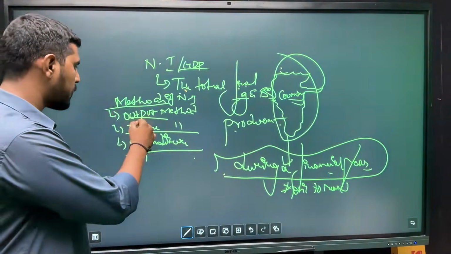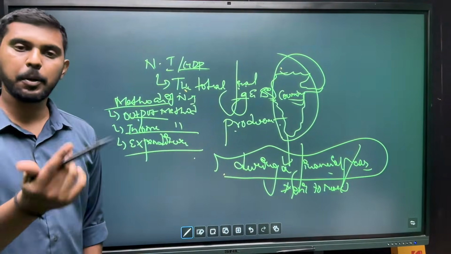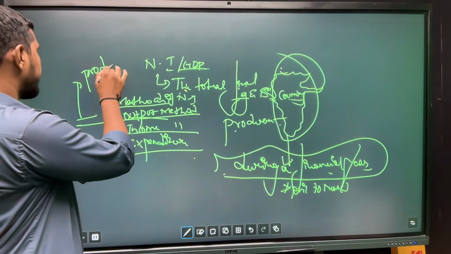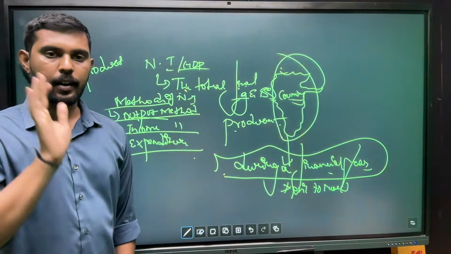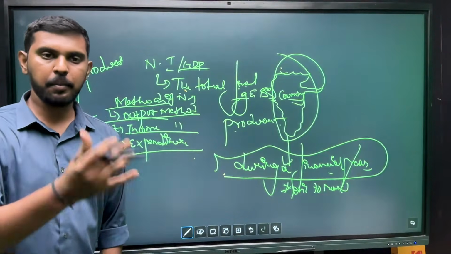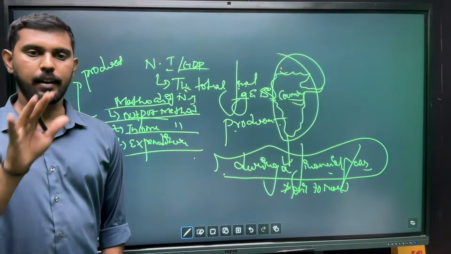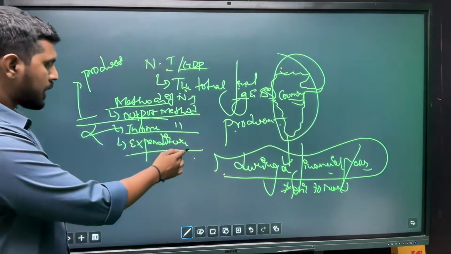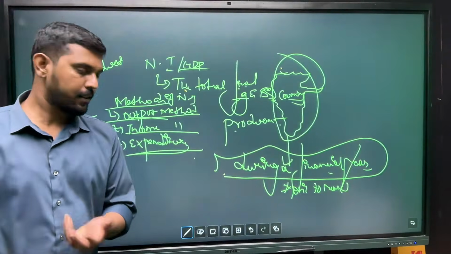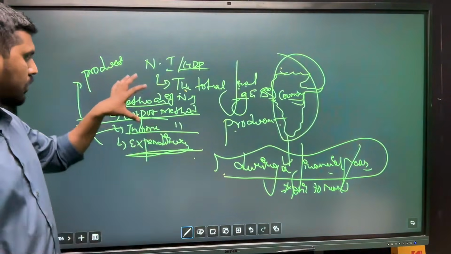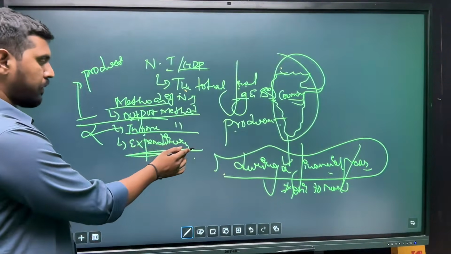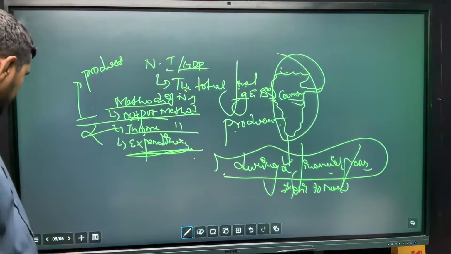If you choose the output method, we take the product. Remember product. Income: I'm a person who is earning, so my income is also calculated in national income. Expenditure: what we purchase as an expense is taken as expenditure. So these three are the important methods: output, income and expenditure.